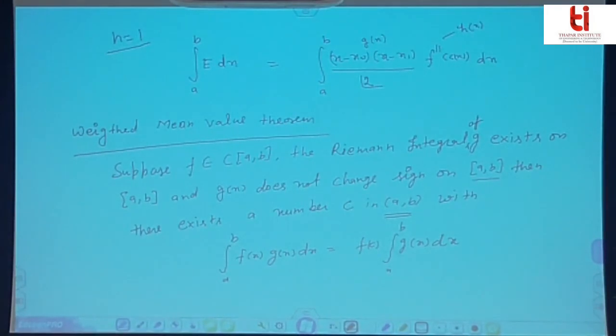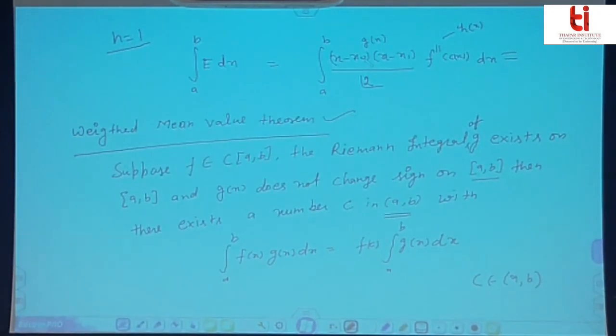So this is the mean value theorem. That means when the product of two functions satisfies these conditions, it can be written as f of c times the integration of gx dx. By using this mean value theorem, we can write this integration in a simplified form.